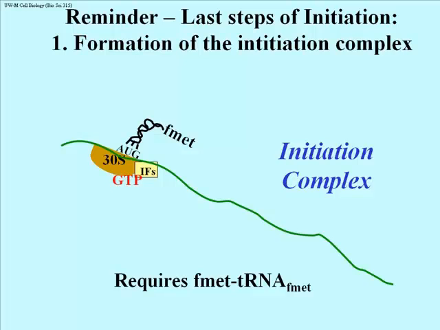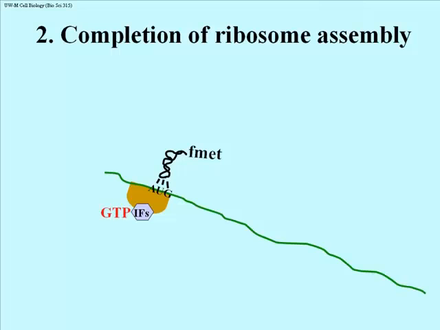It would not use the normal methionine tRNA sub-methionine. It had to be this initiator tRNA with its formyl methionine. This is what happens in bacteria, worked out in E. coli. And then the next step is the completion of the ribosome and ultimately then the elongation process.